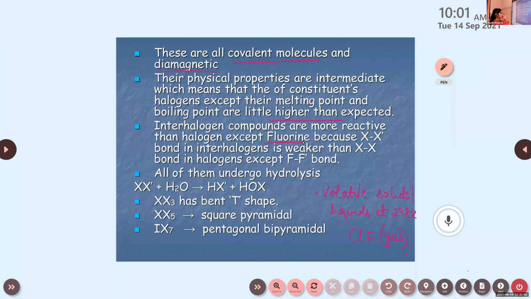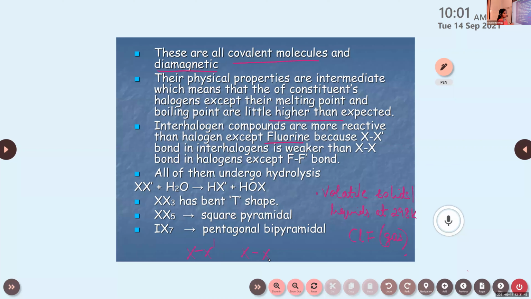Interhalogen compounds are more reactive than halogens except fluorine, because the XX' bond in interhalogens is weaker than the XX bond in halogens, except the FF bond. The XX bond means the same halogen combined together to form a molecule.